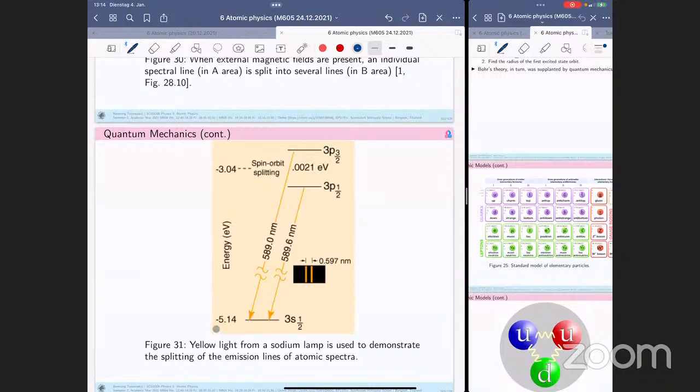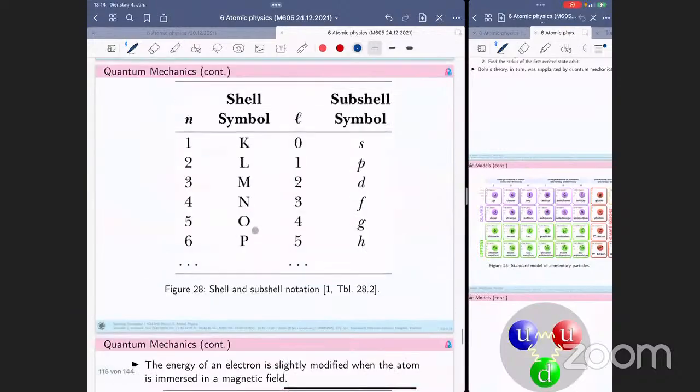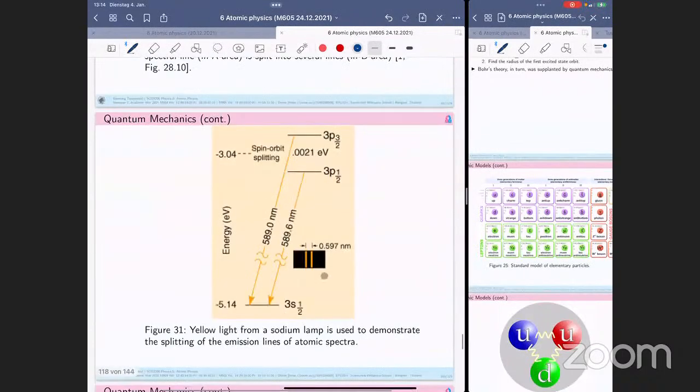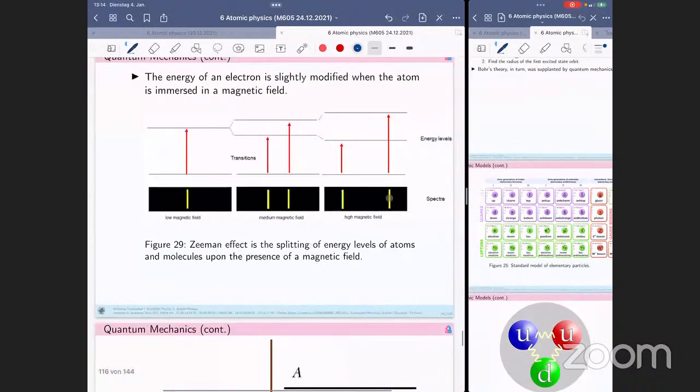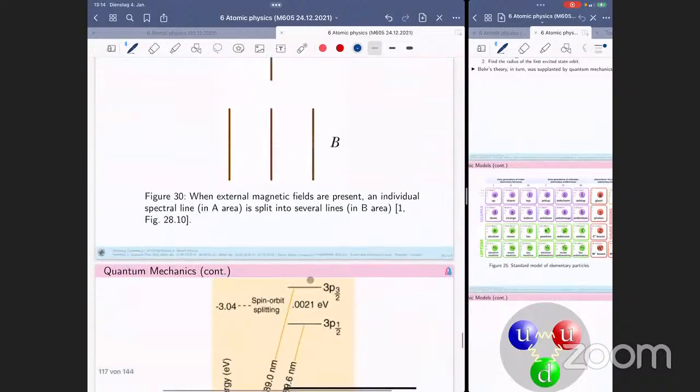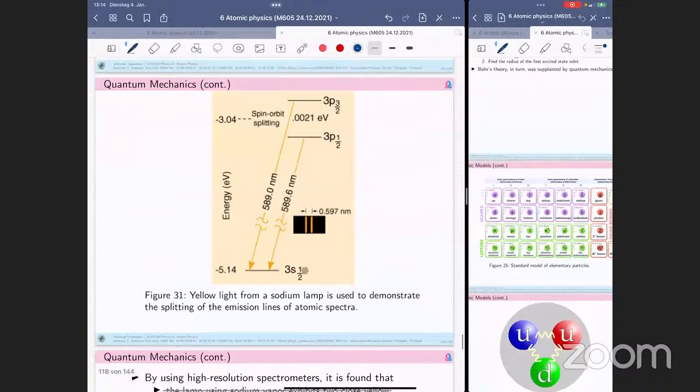And again when n equal to 3, we have here S. S means L equal to 0, and 1/2 is the spin number. We will talk about it later.